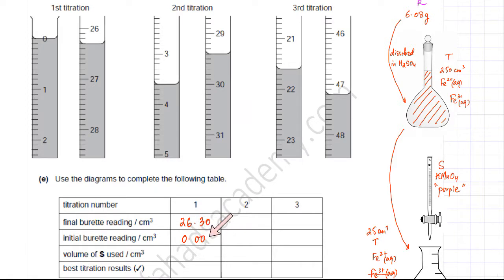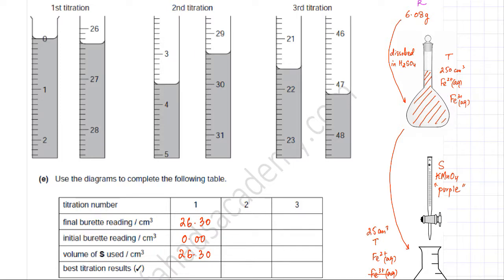Initially the burette was filled to the 0 cm³ mark, and once the titration had ended the reading was 26.30 cm³. So it's 26.30 minus 0.00, which is exactly 26.30. That's the amount of KMnO4 used in the first titration.